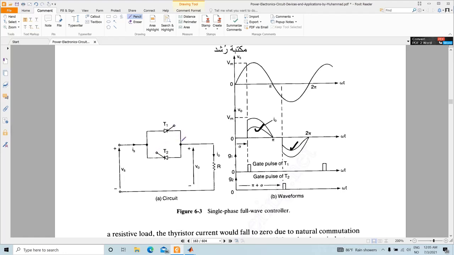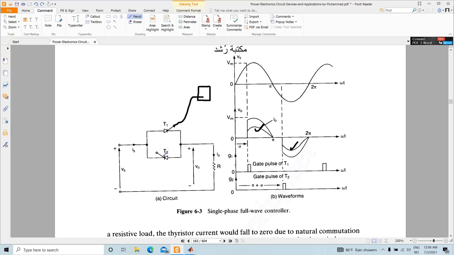That means that if you have a driving circuit like this and you have a common grounding here, then you cannot connect this common grounding to this thyristor, and you cannot use the common grounding with this thyristor. You cannot connect it like this, because if you do, then you are basically shorting these two terminals, which is why you are not allowed to do that.